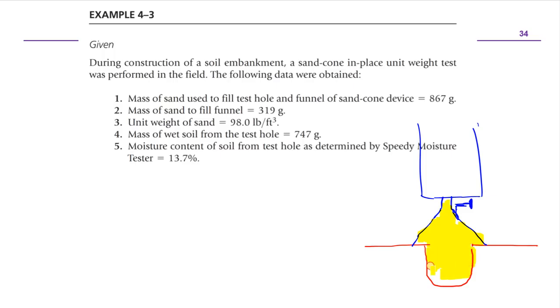So this hole, this yellow, is actually the weight of sand in the hole plus the weight of sand in this cone. How much is this? It is given here in number one. The mass of sand used to fill the test hole and funnel is 867 grams.